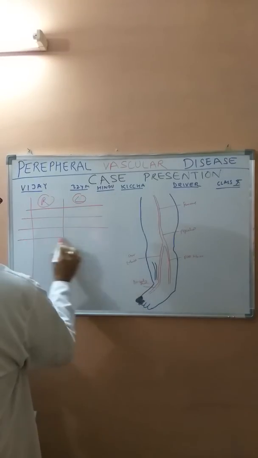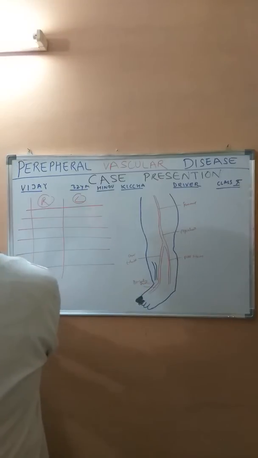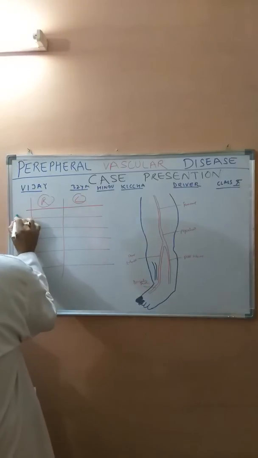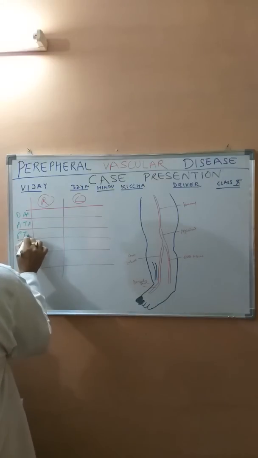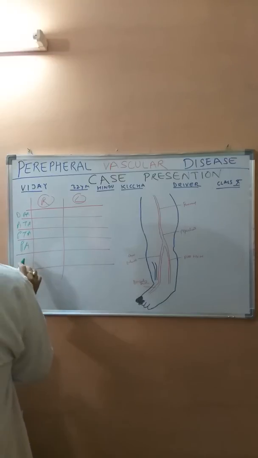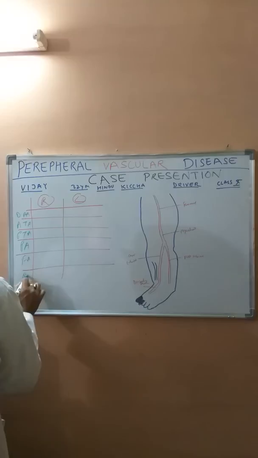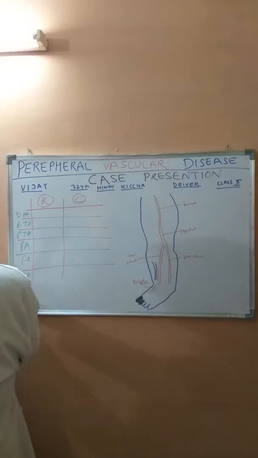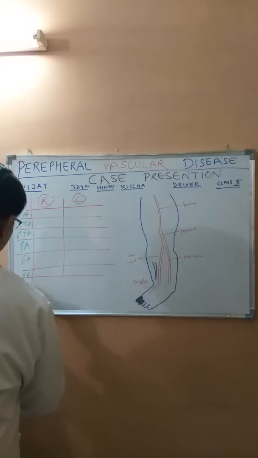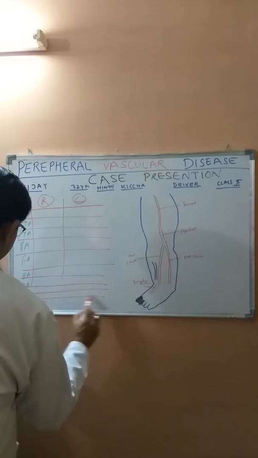Make a chart like this and mention the arteries: dorsalis pedis artery, anterior tibial artery, posterior tibial artery, popliteal artery, femoral artery, radial artery, then brachial artery, then subclavian artery, then carotid artery, and then superficial temporal artery. You have to make a chart and mention how the flow is in these arteries.